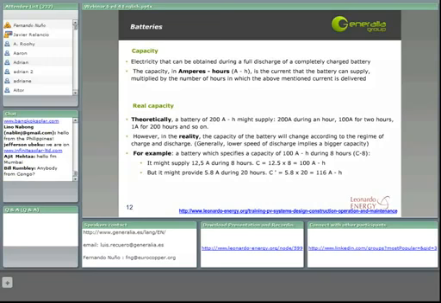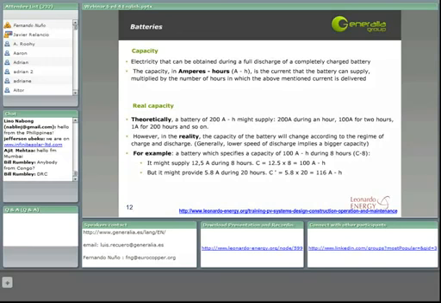One of the most important considerations is the cycles of charge and discharge. Here you have an example showing that theoretically a battery of 200 ampere hours might supply 200 amperes during an hour, or it could supply, for example, 50 amperes during 4 hours, and so on. However, in reality, the capacity of the battery can vary according to the time that we are charging or discharging it.